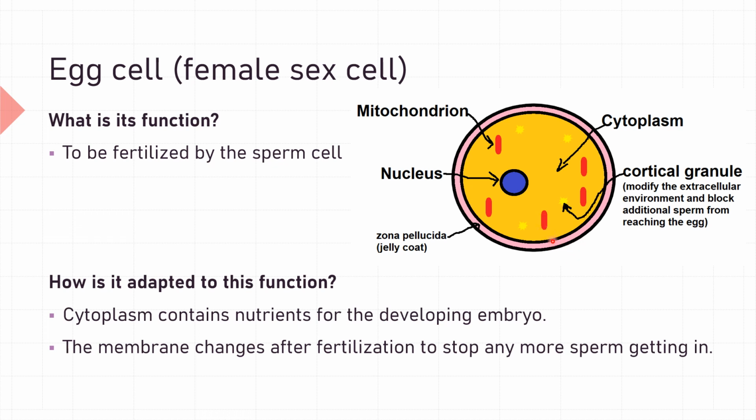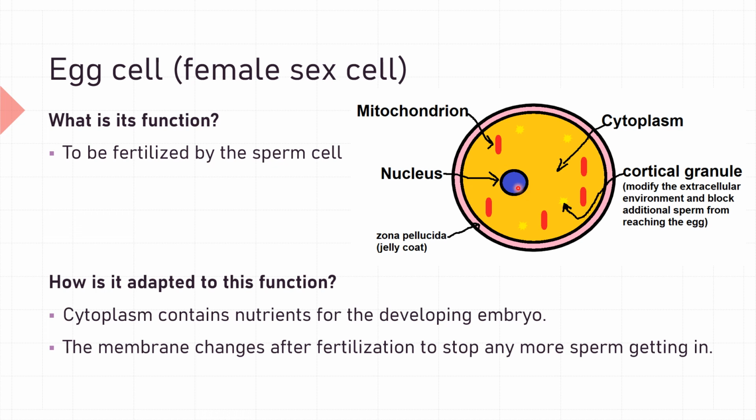Why is this important? Because if millions of sperm cells entered the zona pellucida, or jelly coat, it would be huge chaos. The point of the story is that in the end, one egg cell needs one sperm cell, or one nucleus with DNA, to enter inside and join with the DNA of the female.